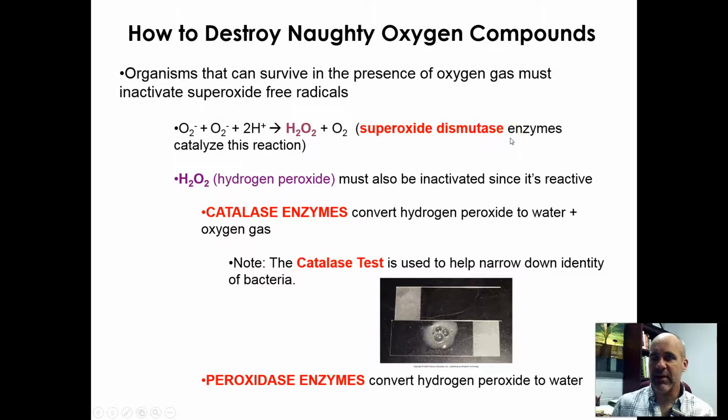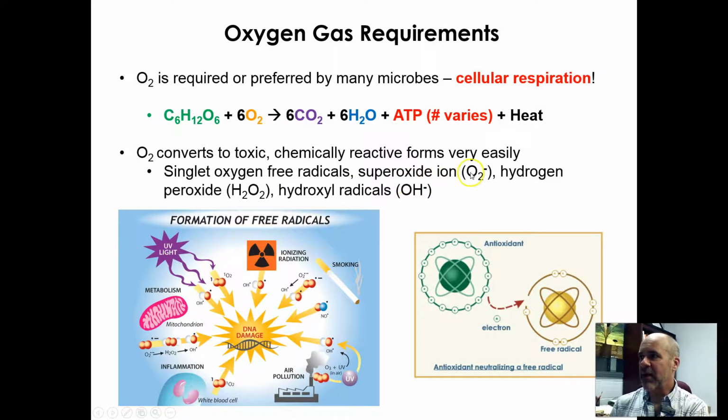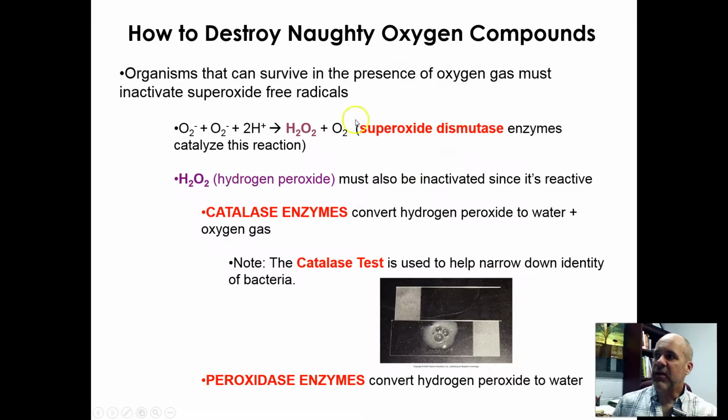So a lot of living things that grow and survive in the presence of oxygen gas have these enzymes. And so if you have these superoxide ions with the extra negative charge, what this enzyme will do is it'll take 2 of those and combine them with 2 hydrogen ions that are floating around in the cell fluids, and creates H2O2, that's hydrogen peroxide, plus an oxygen gas molecule.